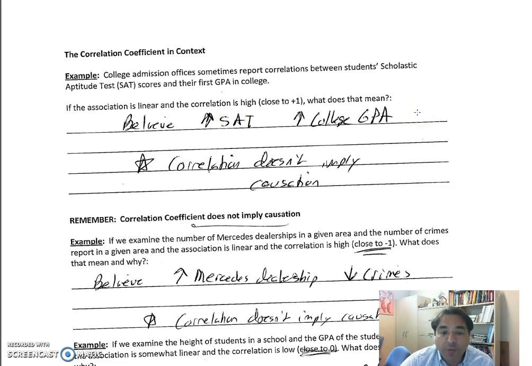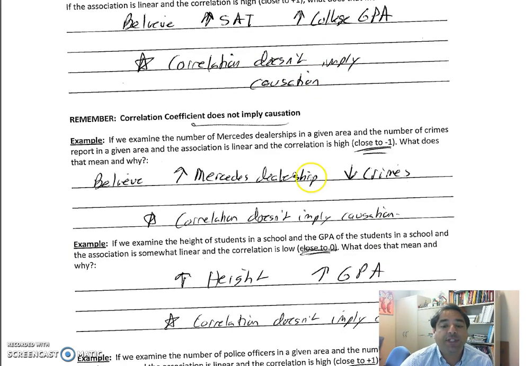And the answer is no. Remember, correlation doesn't imply causation. Well, what if I told you that the more Mercedes dealerships there were, less crime? And the correlation is -1. So the more Mercedes dealerships you have, the less crime, highly correlated. Does that mean Mercedes dealerships reduce crime? And the answer is no.